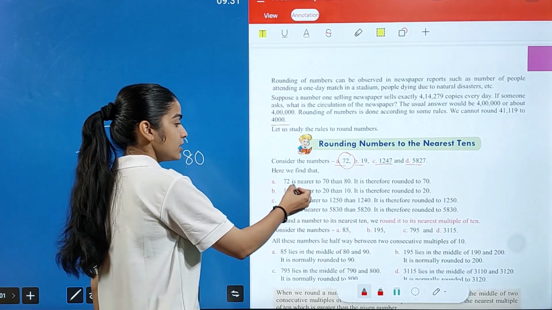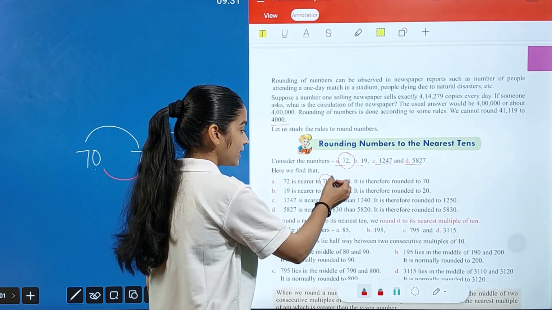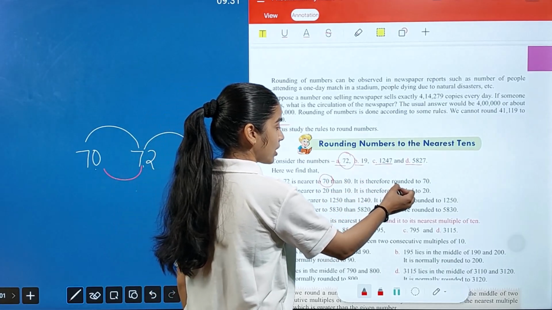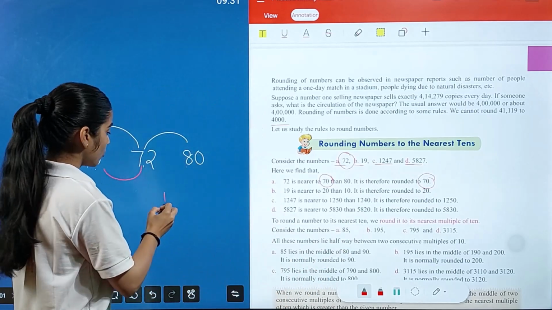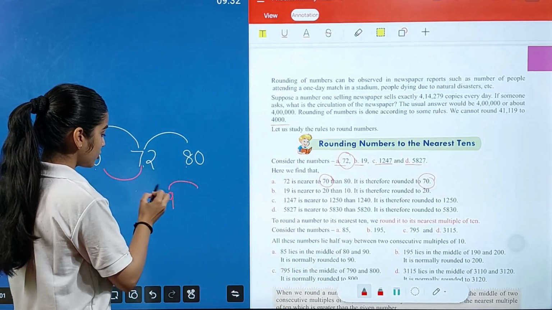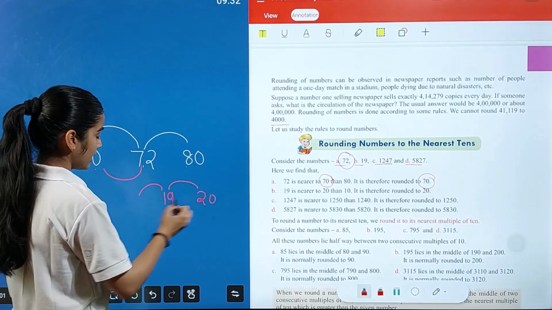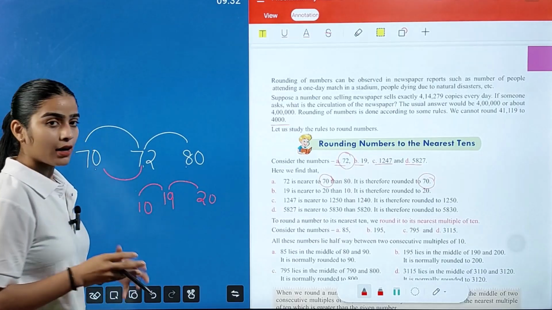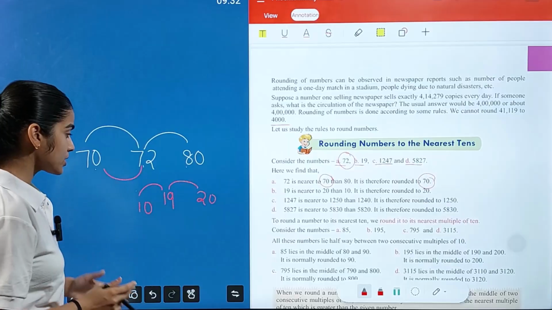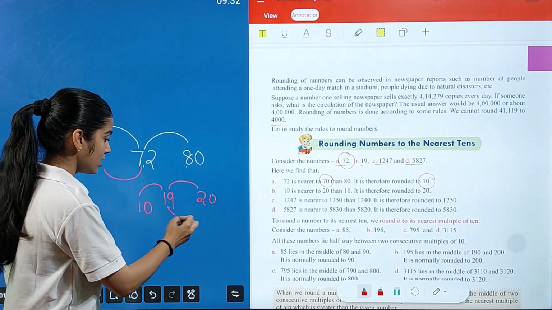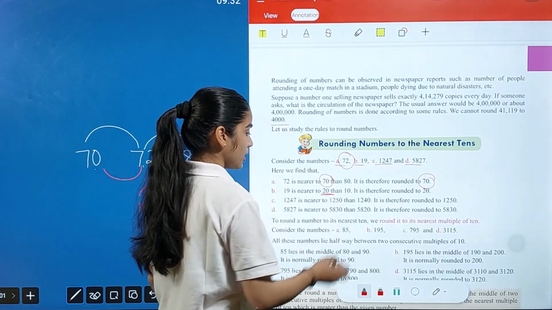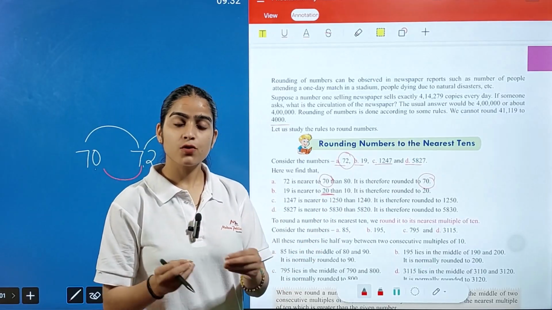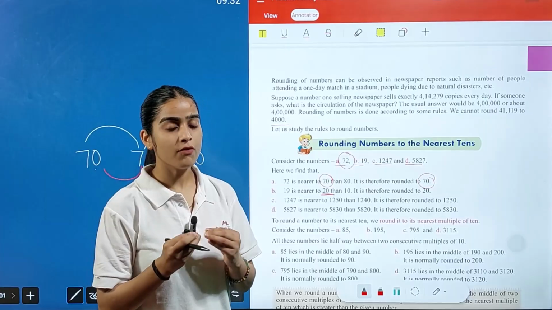So 72 is nearer to 70 than 80, so it is rounded to 70. Next number we have 19. The next tens number is 20, and here we have 10. So where we have to take fewer steps, that is your round off number. So the round off of 19 is 20.